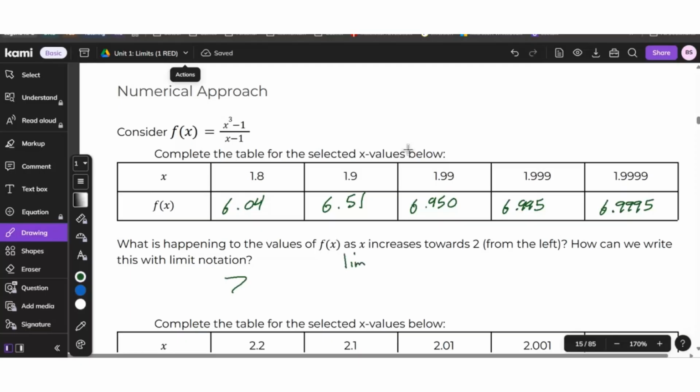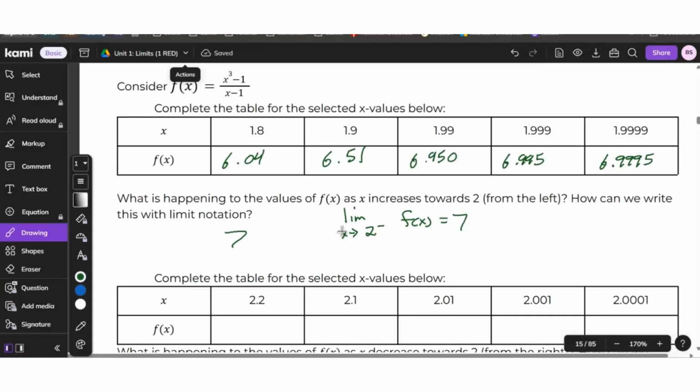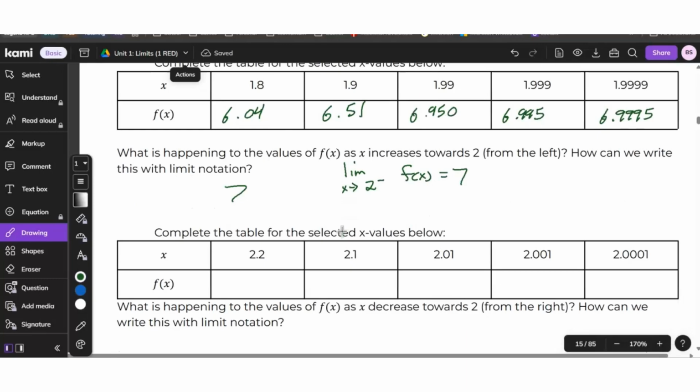We'd write the limit as x approaches 2 from what side? The left. Of, I'm just going to say f of x, but if you want, you can write out the whole equation. Equals 7. Look at that. Don't we love it? Love it. You guys ready to do the next one? You're already doing it. Amazing.